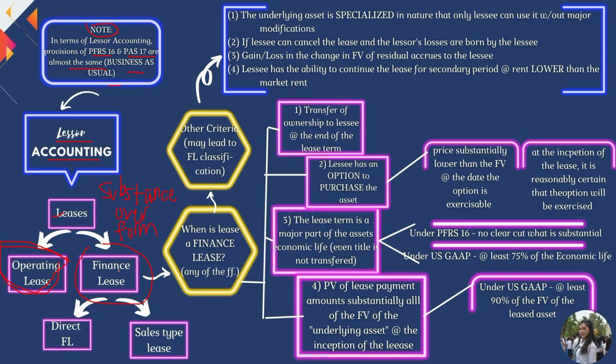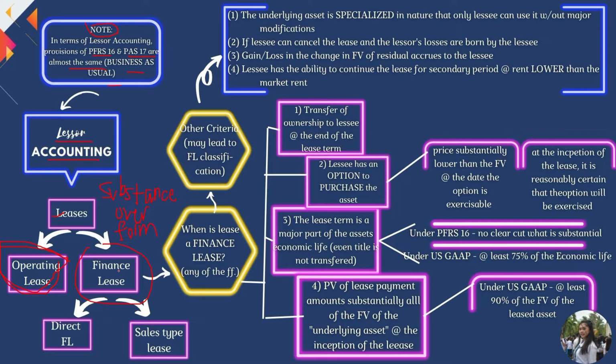Another thing is, we say that if it is an operating lease, it is just an ordinary rent on the part of the lessor. Because again, what he is expecting is purely rental income. So that's operating lease. However, in a finance lease, we classify it as a finance lease because what happens is it looks like rent to own.